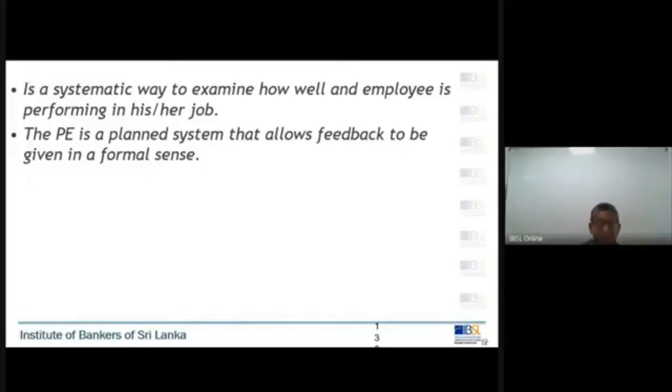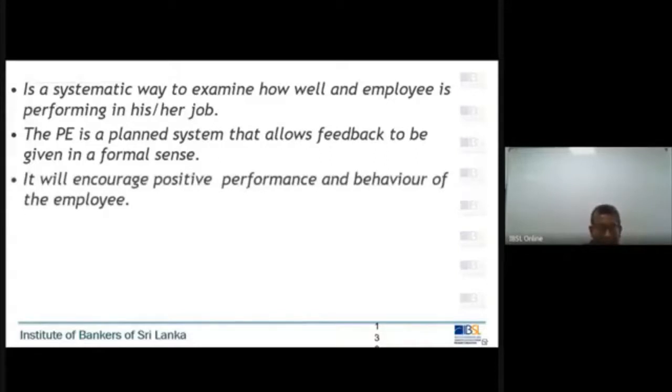Now, performance evaluation is a planned system that allows feedback to be given in a formal sense. It has to be communicated to your employee whether your performance is good or bad, right? It is a two-way process in today's context. And it will encourage positive performance and behavior of the employee.